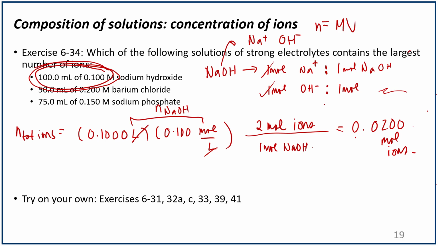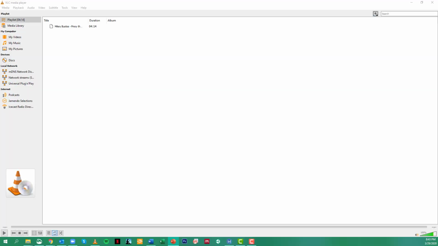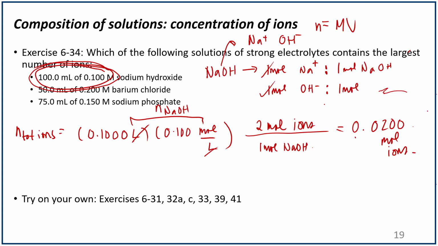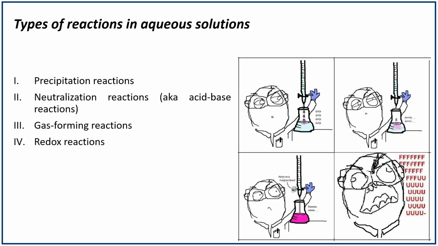And then we can do the same thing for barium chloride, which is the next problem. For barium chloride, you're given a concentration of 0.200 molar, and the volume is 50 mL.